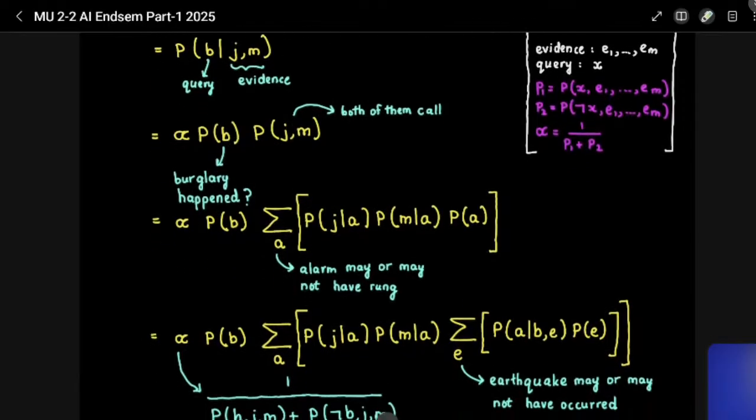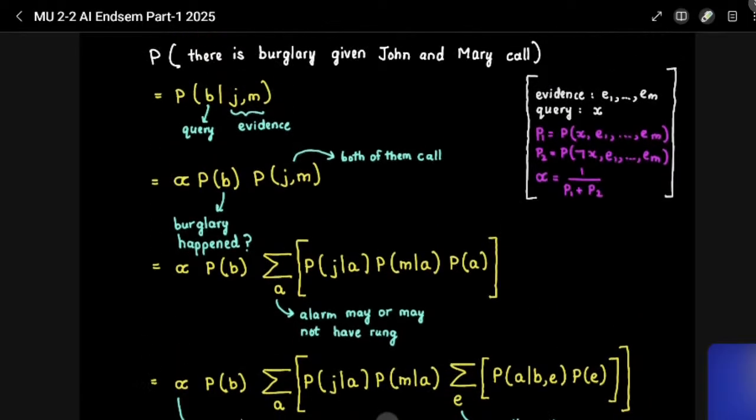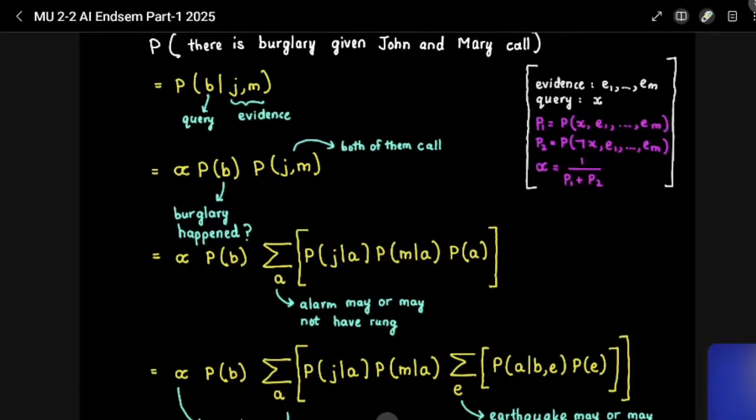So earthquake may have occurred or may have not occurred, so you will be doing summation within this. In one case you'll get E, in the other case you'll get not E, but B will remain small b because that is the entire question. The question is there is burglary. So you'll assume, okay, burglary happened, what is the probability that it happened?